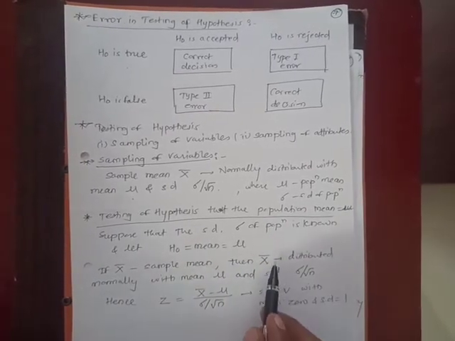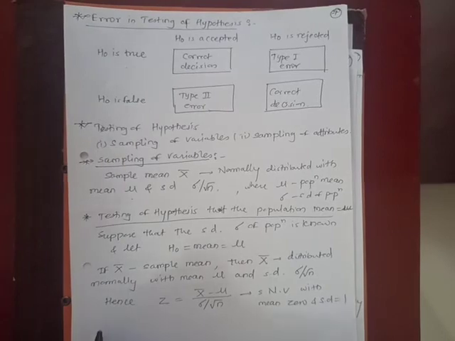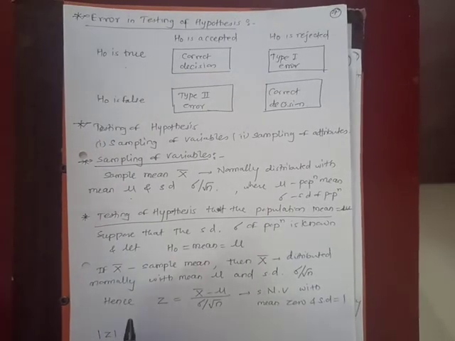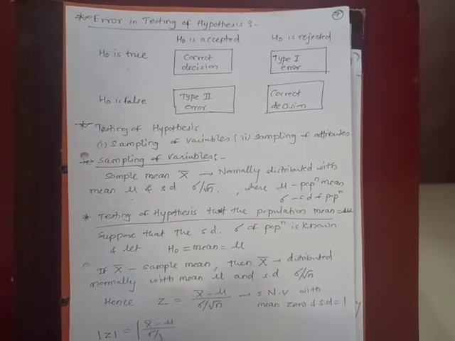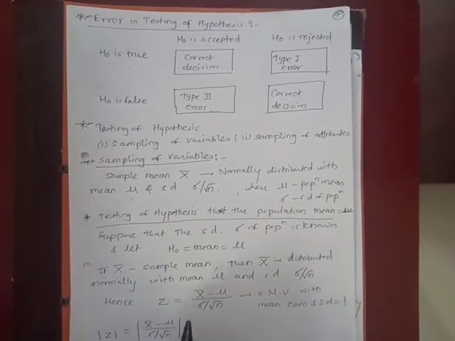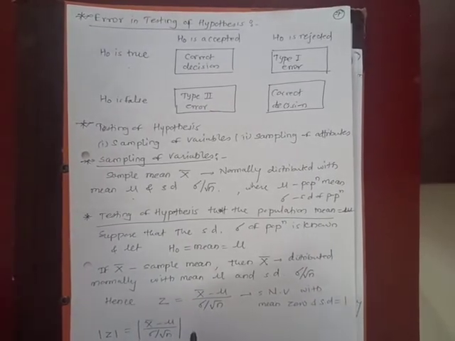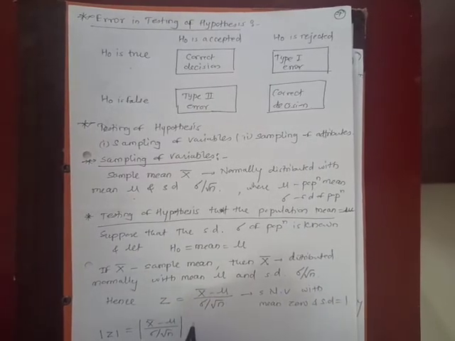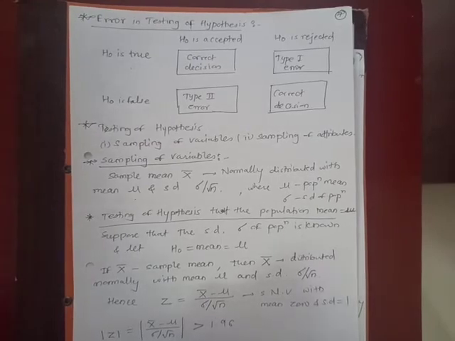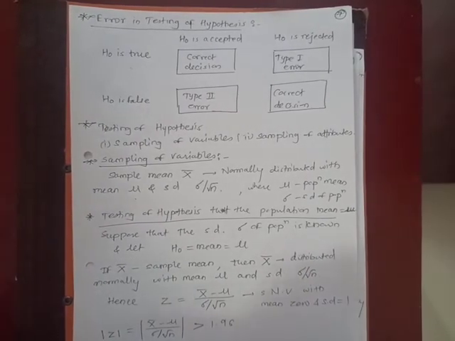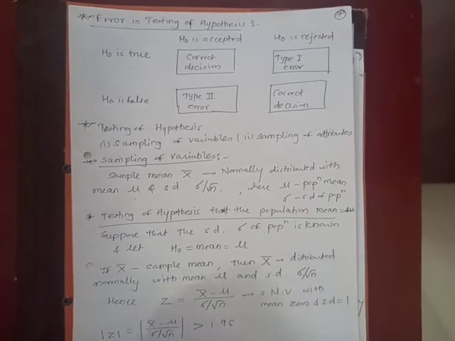If the observed mean x bar is such that this value of z, that is x bar minus mu upon sigma upon square root n, in absolute value exceeds 1.96 numerically, then a rare event has occurred because the probability of this is very small.